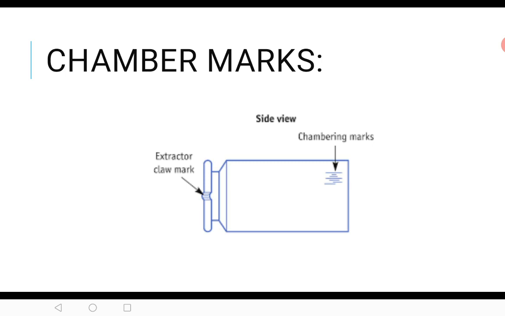So chamber marks, the roughness in the chamber of a firearm, it can scratch the outer walls of the cartridge. Yung na-scratch na yan sa wall ng cartridge, that's what we call chamber marks. Na-scratch siya in the outer walls of our cartridge case when loaded, and when it is being removed from the chamber.